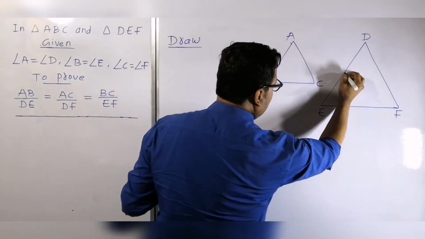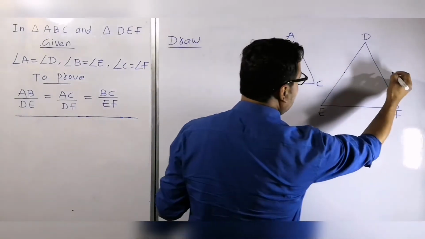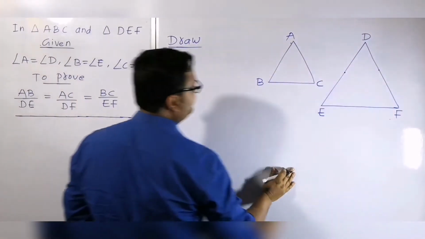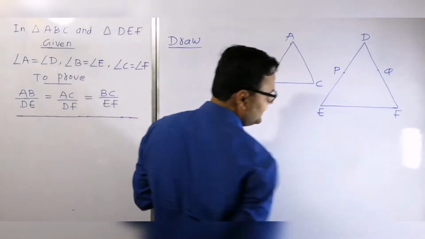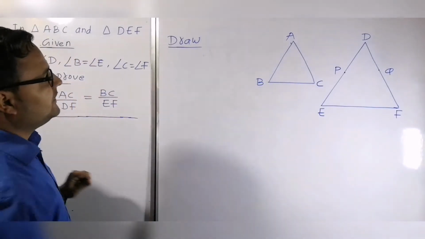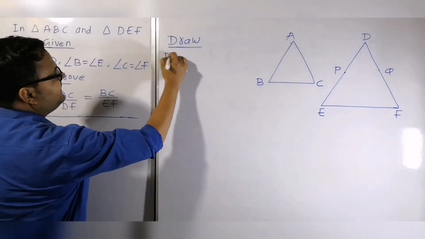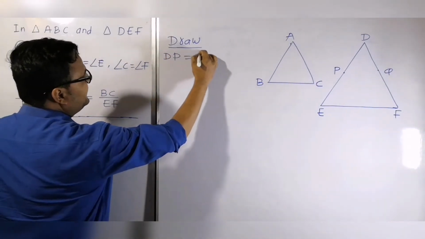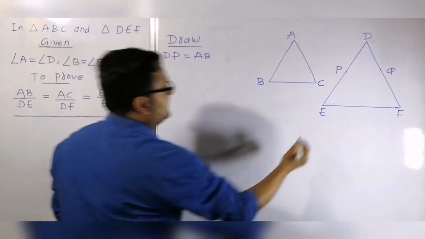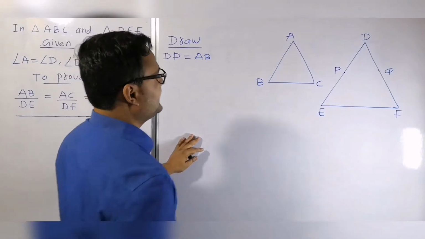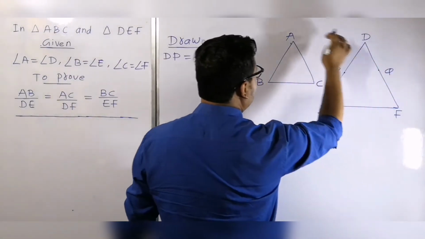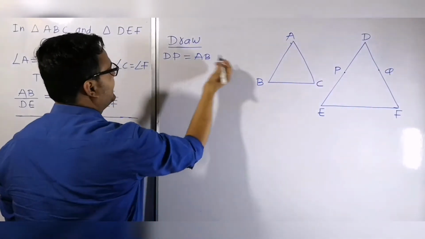We'll take one point on DE and one point on DF, and I'll name it P and this is Q. Now we have to draw DP equal AB, and this DQ equal AC.